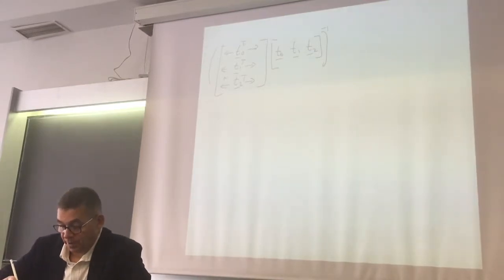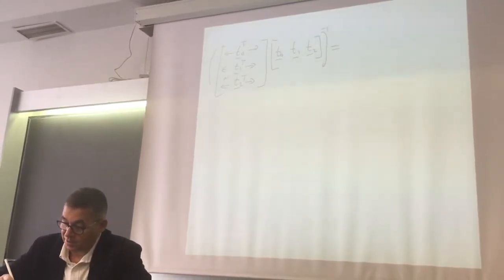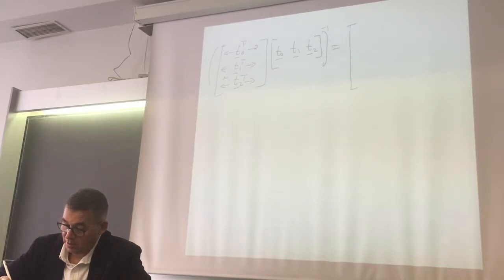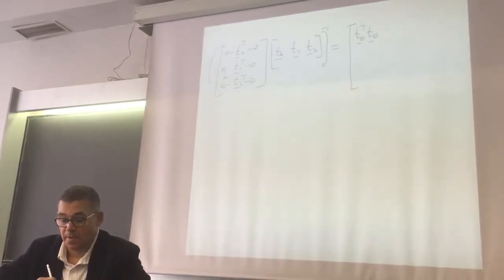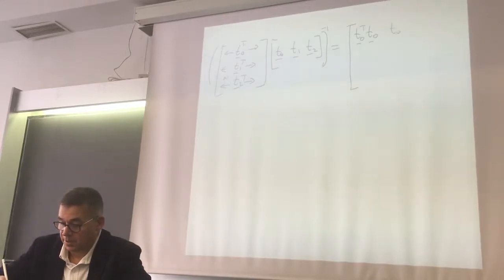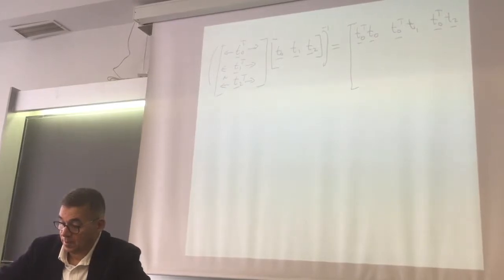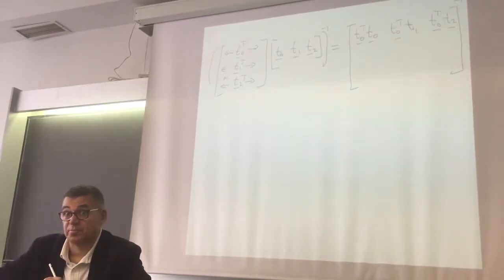So I have T0 transpose T0, then T0 transpose T1, and T0 transpose T2, everything to the minus 1.